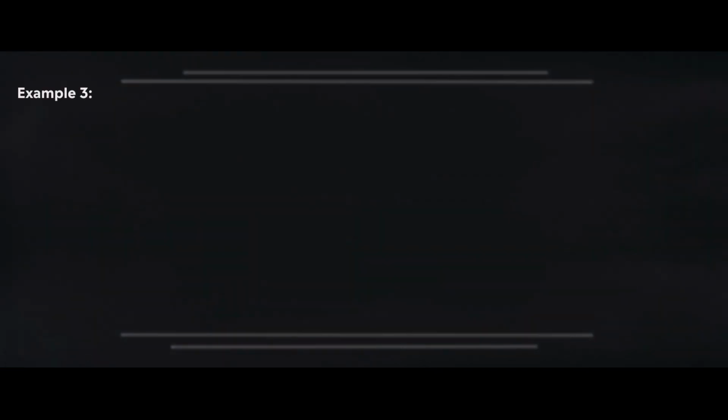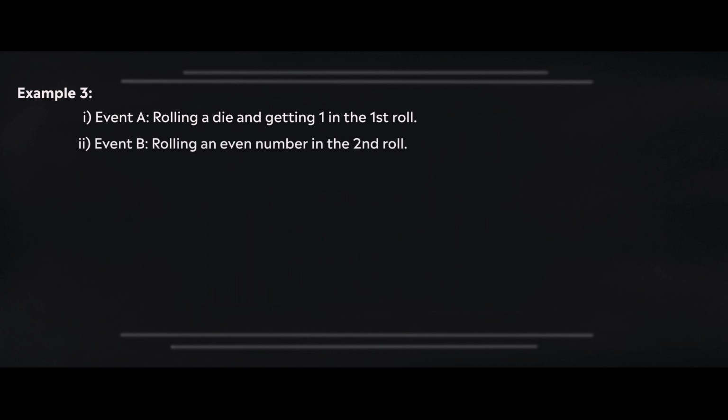Now let's consider example 3. So in example 3, event A is described as rolling a die and getting 1 in the first roll. Event B is described as rolling an even number in the second roll.